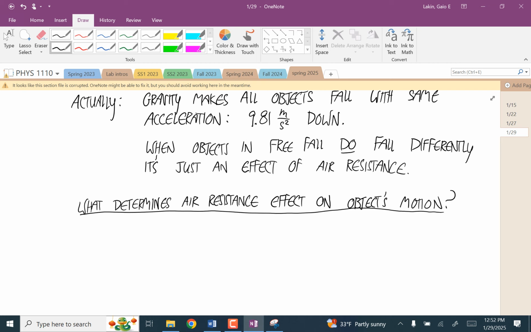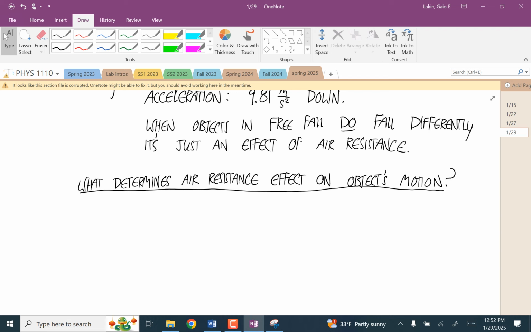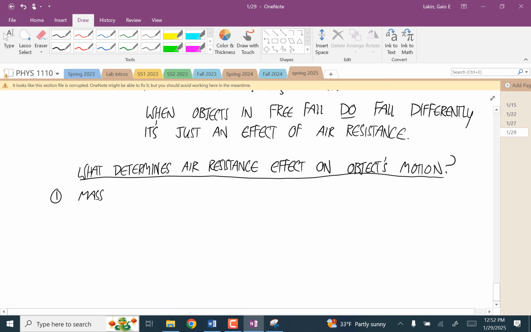Okay, so the first thing that determines the effect of air resistance on an object's motion is the object's mass. So you're not crazy. There is definitely a correlation between mass and how fast something falls in our experience.